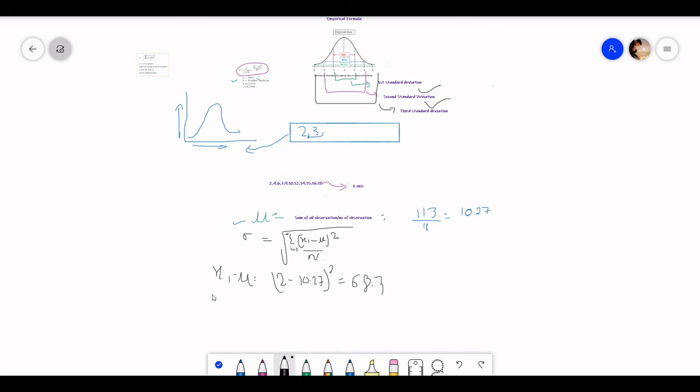If we find our x2 minus mu, it will be equal to 4 minus 10.27, whole square, which is nearly 39.3.